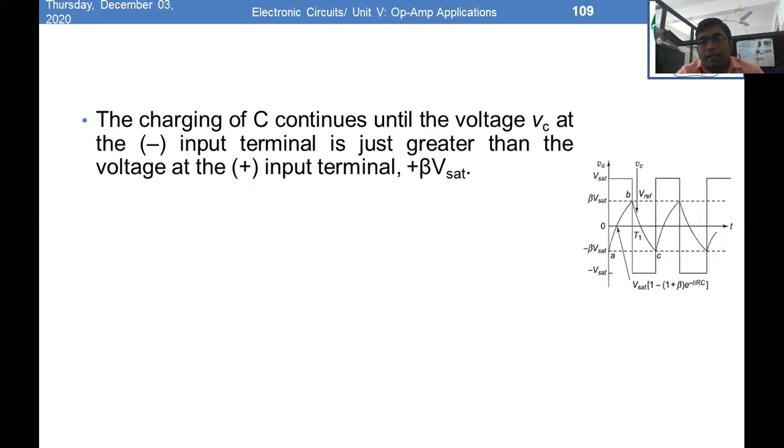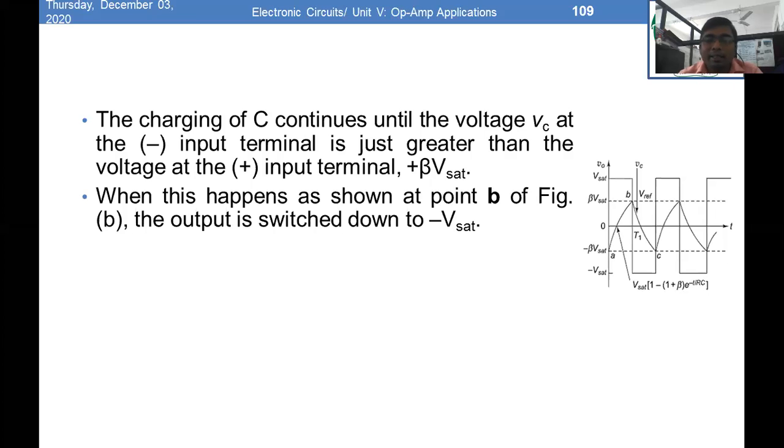Here you can see through the diagram of the waveforms as well, the charging of capacitor C continues until the voltage at the negative or inverting terminal is just greater than the voltage at the positive terminal, plus beta Vsat.